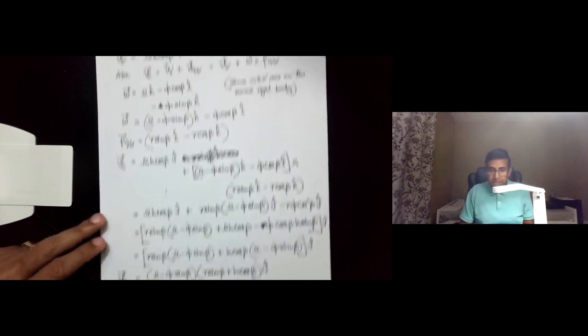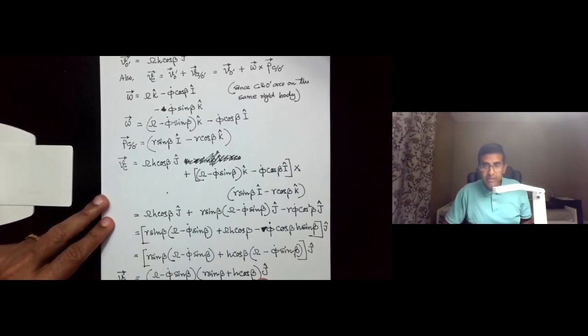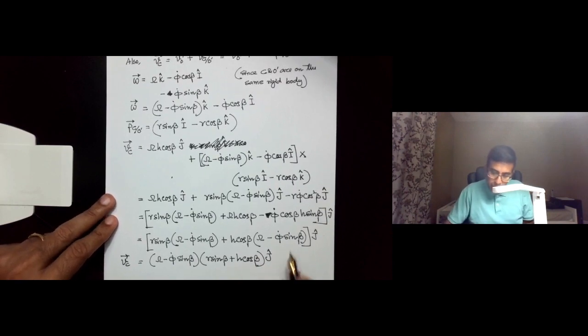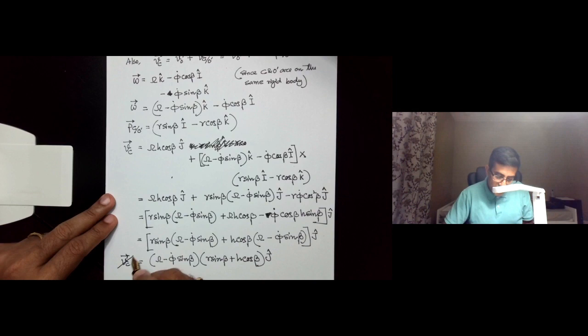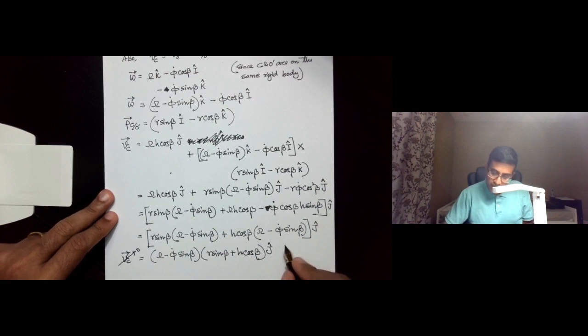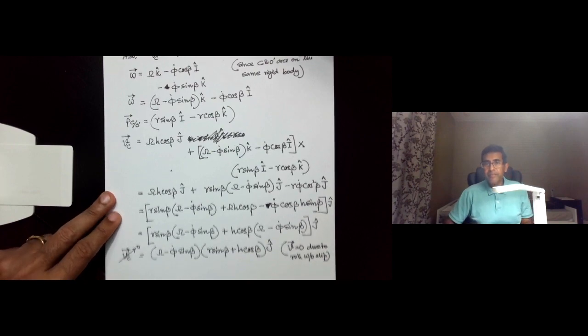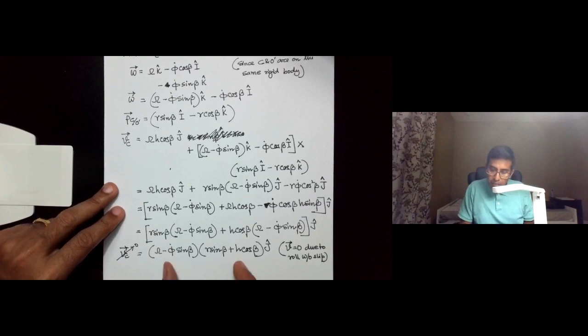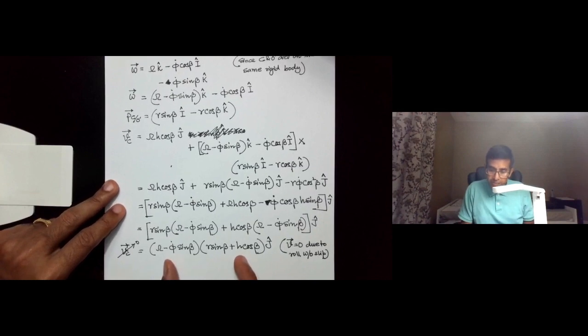Okay, so we see that the velocity of C is completely in the j direction, and this is the expression. Now we know that the velocity of C is equal to 0. Vc is equal to 0 due to roll without slipping. And since that's the case, then we have a product of these two terms being 0.